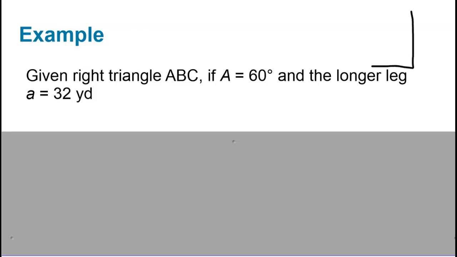So to me that says, okay, so I have a right triangle. A is 60 degrees, and so I know that that 60 degrees is going to be the opposite of the longer leg, so this must be 60 degrees. So that must mean that this is A, because that's 60 degrees, and the longer leg, little a, is 32 yards.